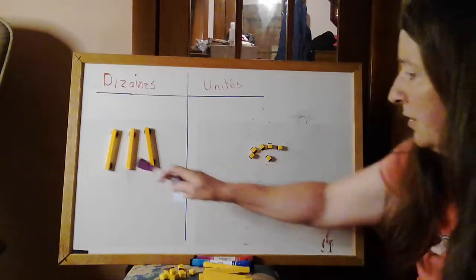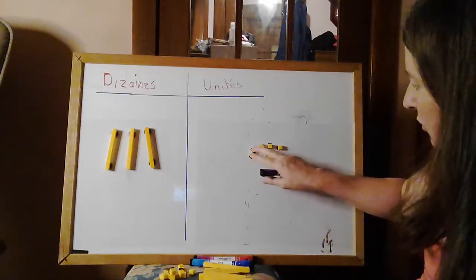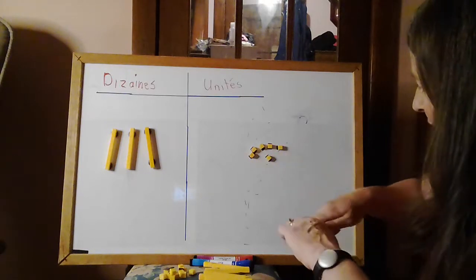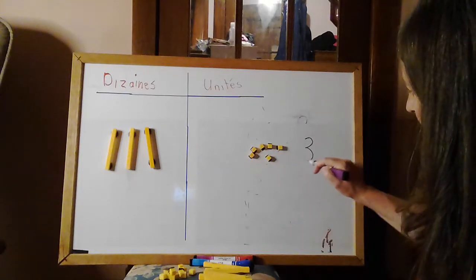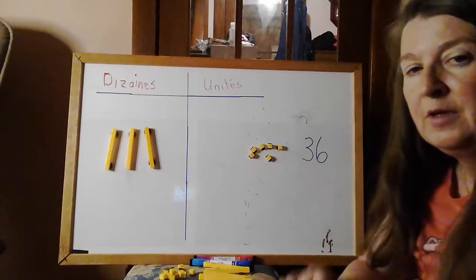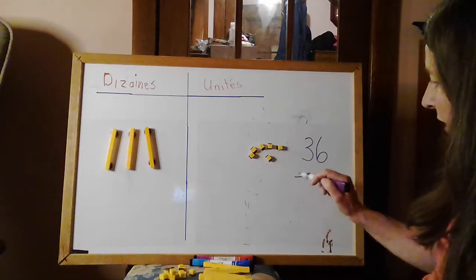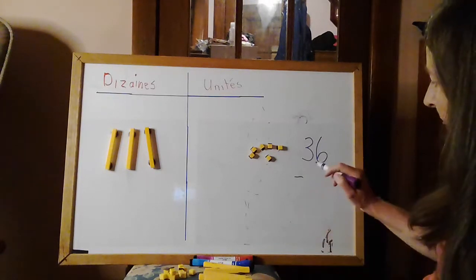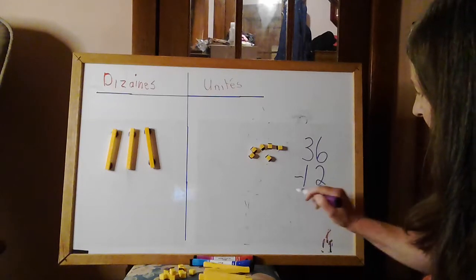I have 10, 20, 30, 32, 34, 36 blocks. And I want to take away 12 blocks.